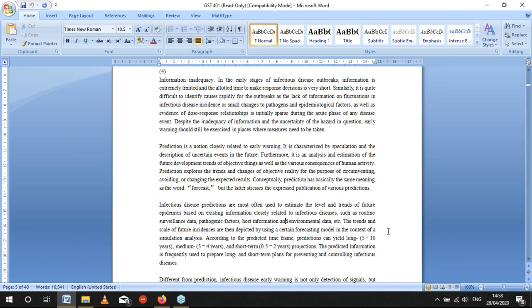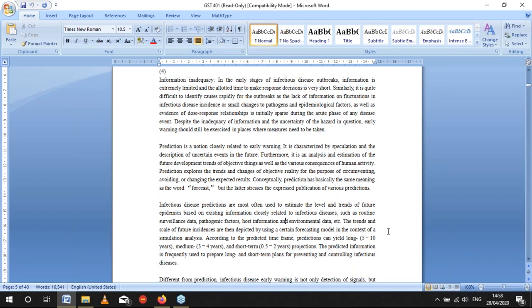They are talking about future outbreaks, and about how to control them based on existing facts. So early warning can be seen as a special type of prediction or a special application of prediction technology.